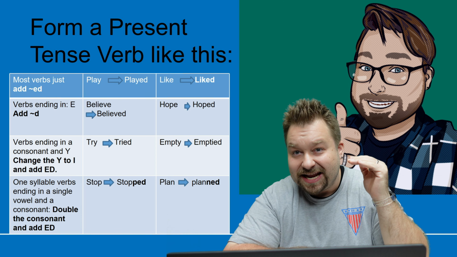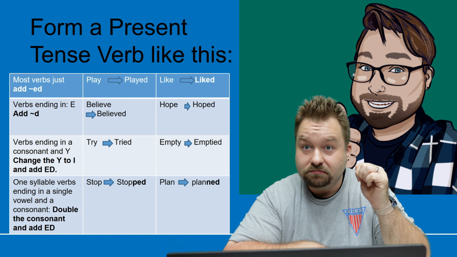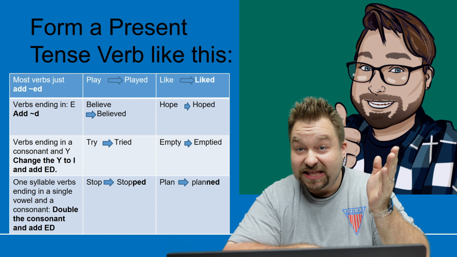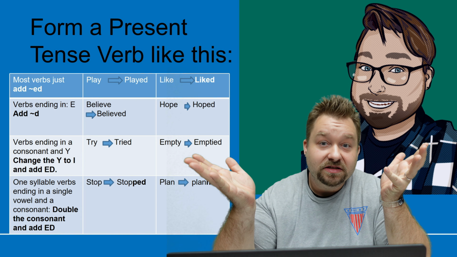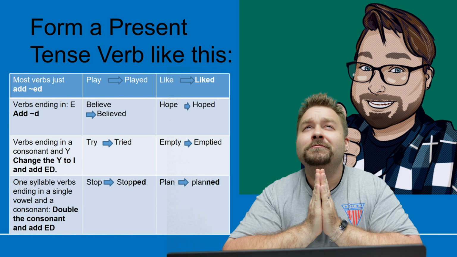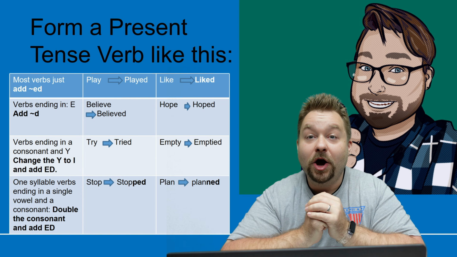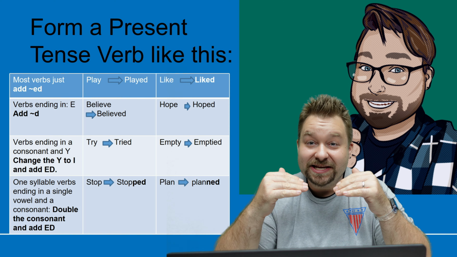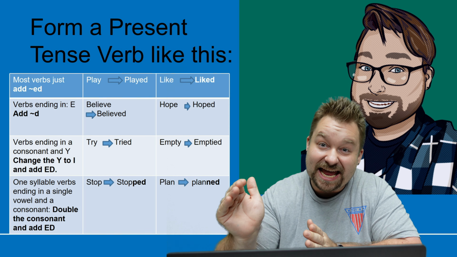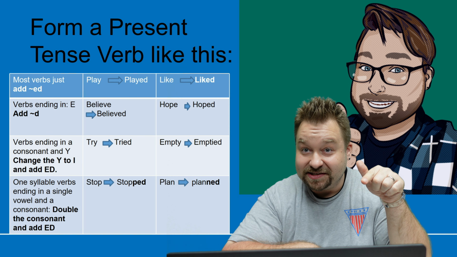So the verb that ends with an e, add a d. Believe ends with an e. Believed. Hope. Hope ends in an e. Hoped. Simple, right? Nothing crazy yet. We're just making that ed ending. But there's two different ways there, okay?